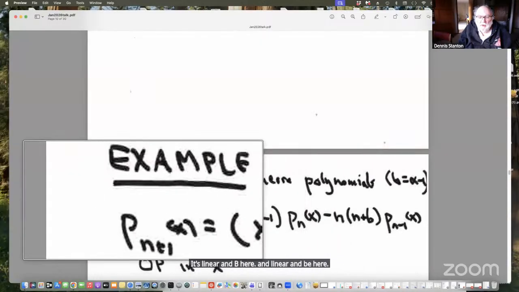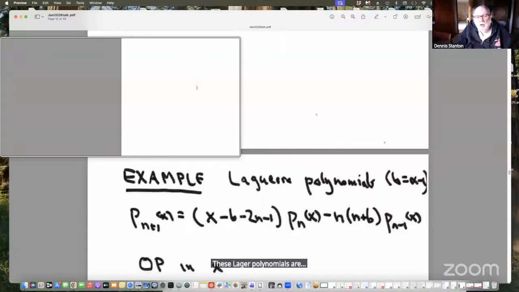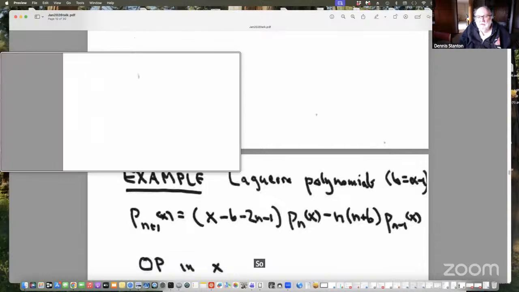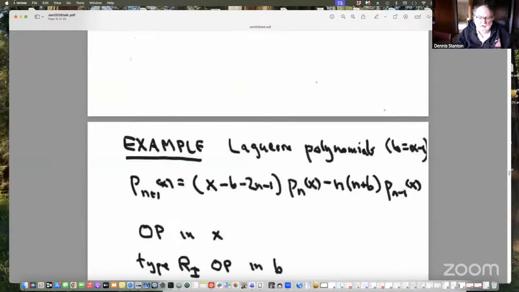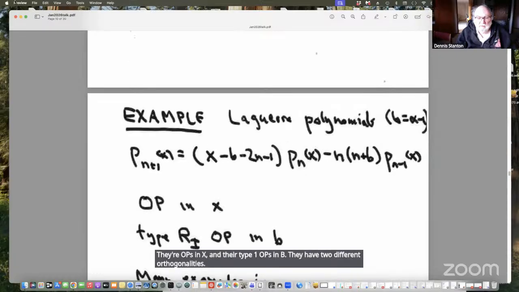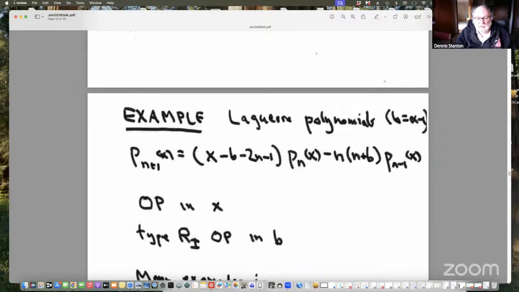These Laguerre polynomials are type 1 orthogonal polynomials in the parameter. So they are OPs in x and type 1 OPs in b. They have 2 different orthogonalities. In x, the usual integral is x^alpha e^{-x} for the Laguerre. It's the gamma distribution.